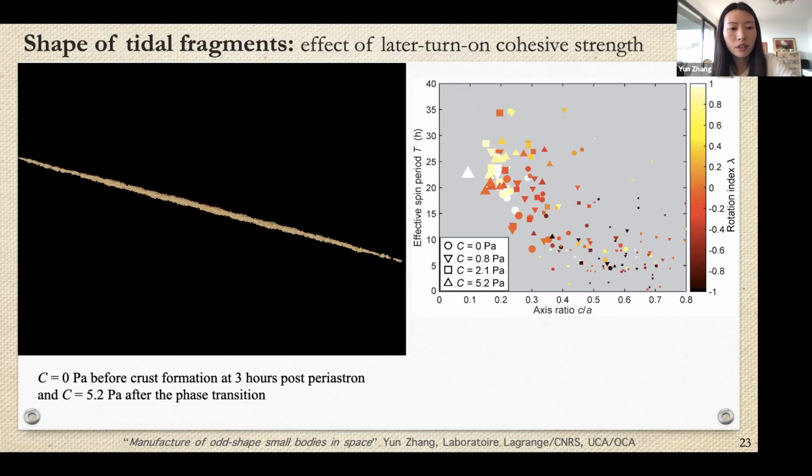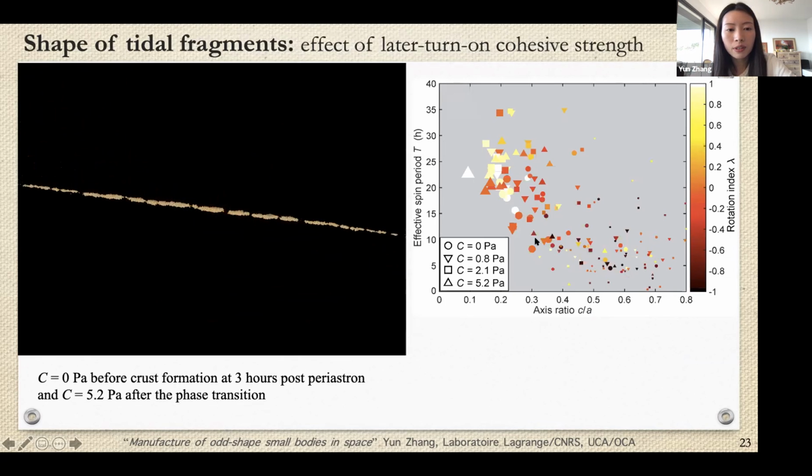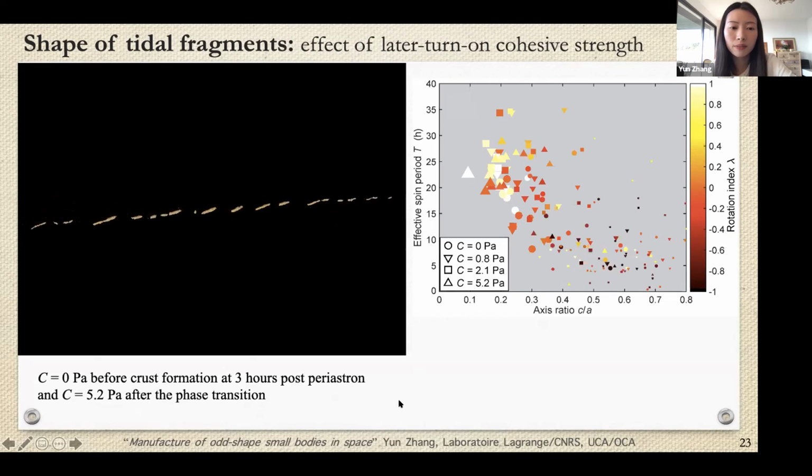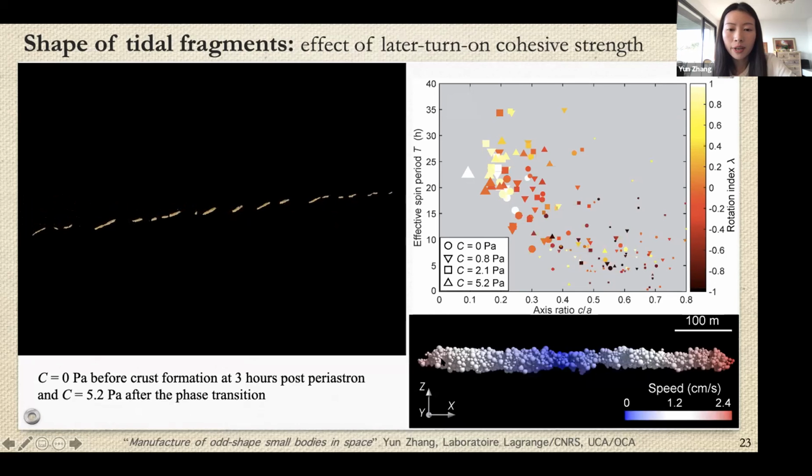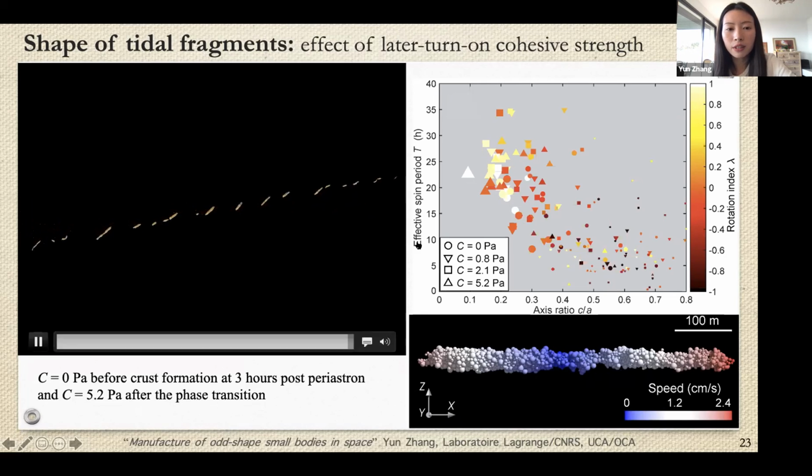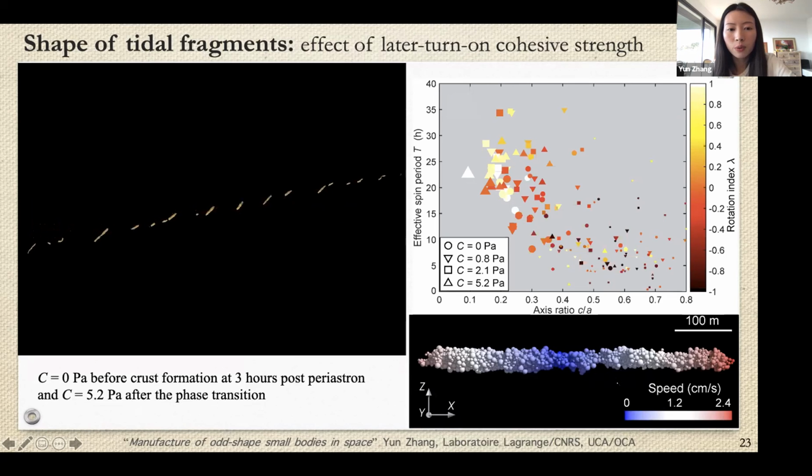As shown in this movie and also these figures here, we can see that extremely elongated fragments with axis ratio close to 0.1 can be formed through this later turn-on cohesion process. And here is an example of an extremely elongated object that is formed by such a process. So this provides a reasonable formation mechanism for the shape of Oumuamua.